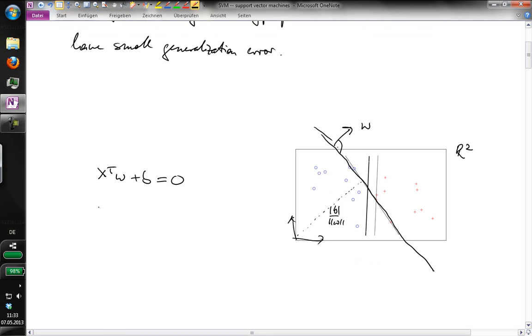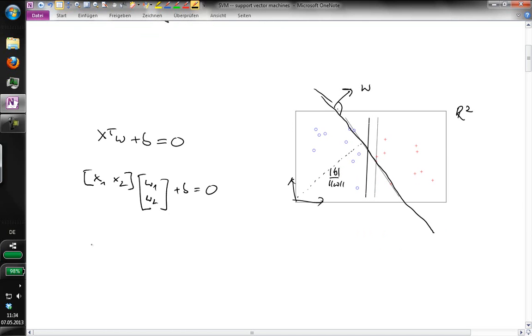Namely, in this 2D example here, I have x1, x2 times w1, w2 plus b. And I can represent this in so-called homogeneous coordinates. So I could write this as equivalent to x1, x2, and here a constant 1. And I multiply this with w1, w2, and b.